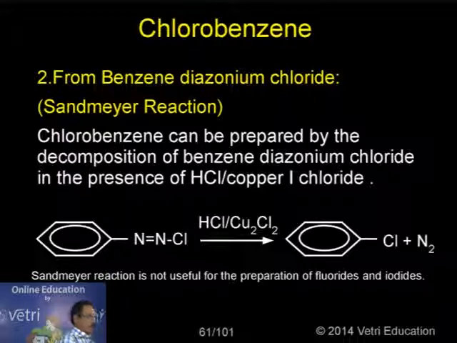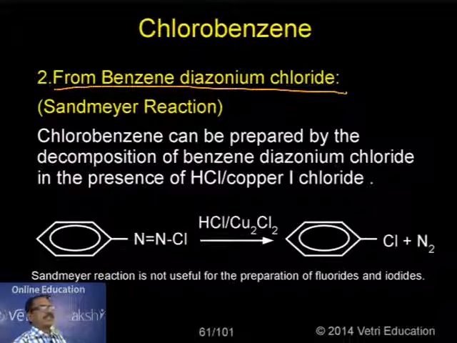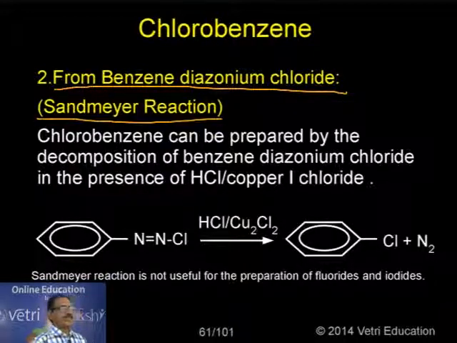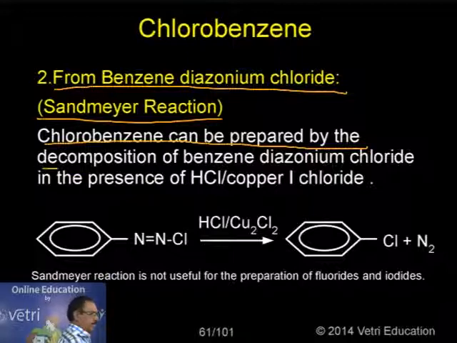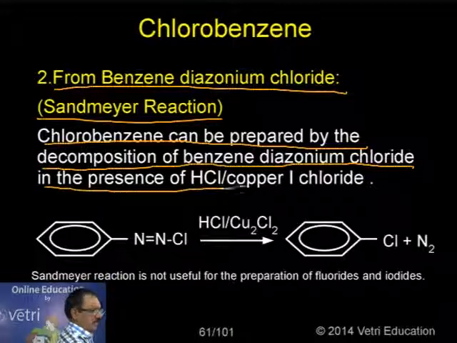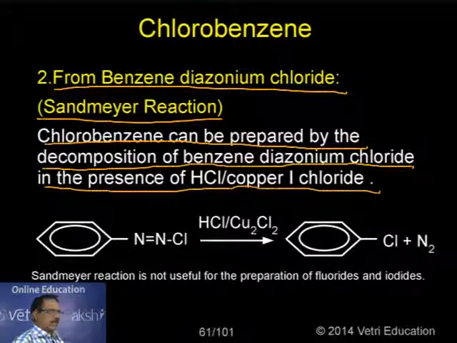Another most important method by which I can prepare chlorobenzene is from benzene diazonium chloride. This is a specific named reaction called the Sandmeyer reaction. Chlorobenzene can be prepared by the decomposition of benzene diazonium chloride in the presence of HCl and copper(I) chloride.